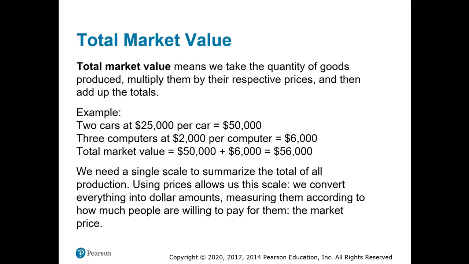We say, for example, 2 cars at $25,000. That means we've got $50,000 in worth. 3 computers at $2,000 per computer gives us $6,000. And if we add both industries together, we have $56,000. If that was our total economy, we'd have $56,000 in income.